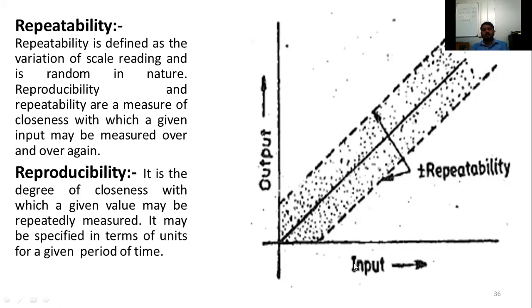What do you mean by dynamic characteristics? Roll number 17. Govind. Yes, sir. Tell the answer fast.